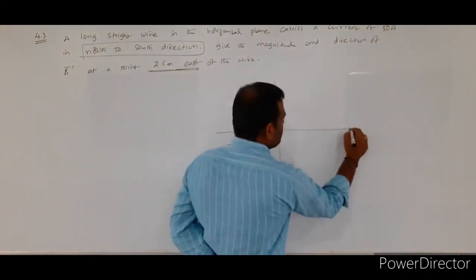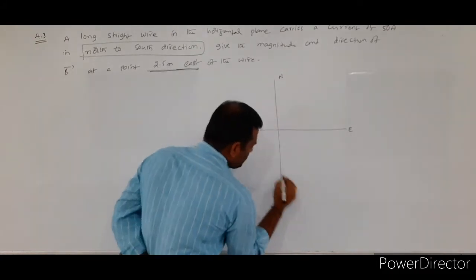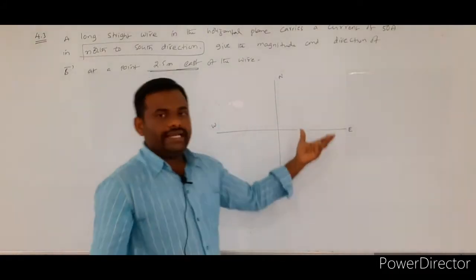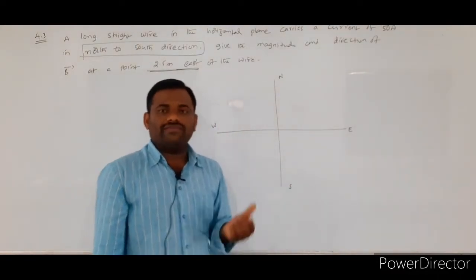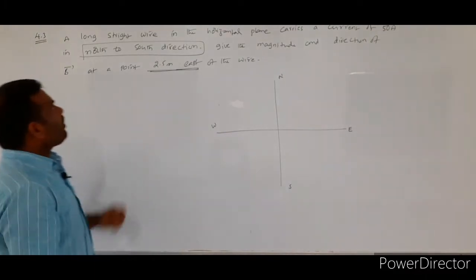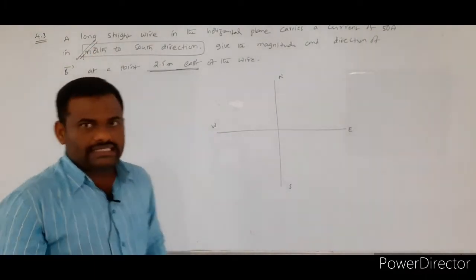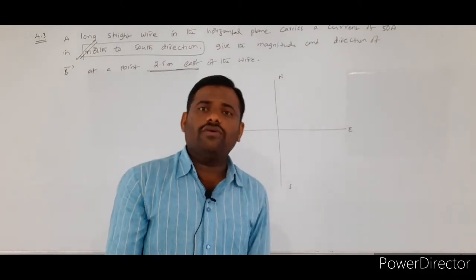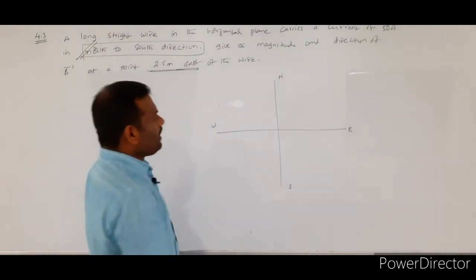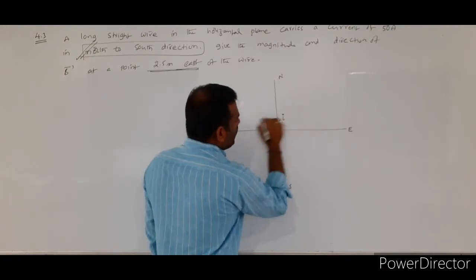So this is the east, west, north, and this is the south. So I specify the directions of east, west, north, south. Now, in this problem, what they mentioned is the direction of flow of the electrical current is flowing from north to south. From where to where? North to south.